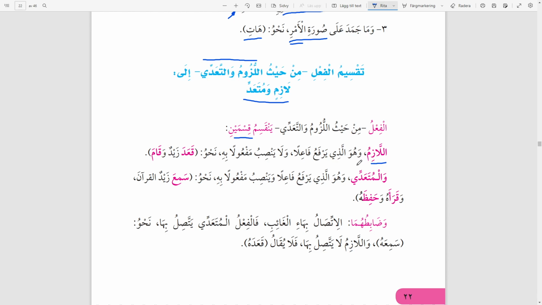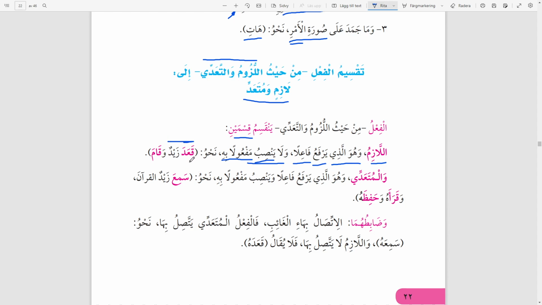So الفعل اللازم, and لازم means something which is intrinsic to yourself. So that kind of verb is what takes the actor and makes it marfu', meaning it should really have dhamma, and does not take an object and make it mansub, like قعد زيد.